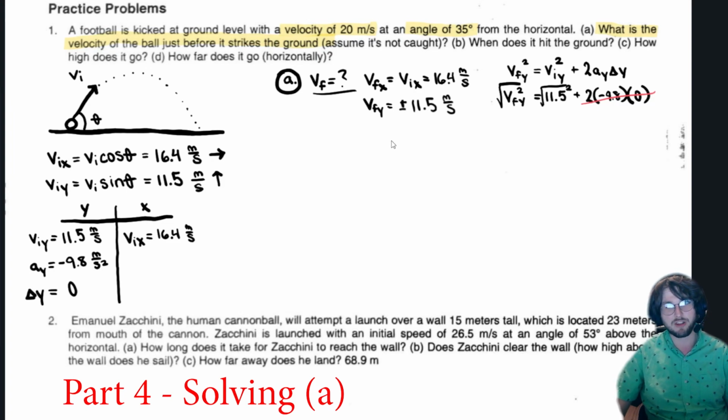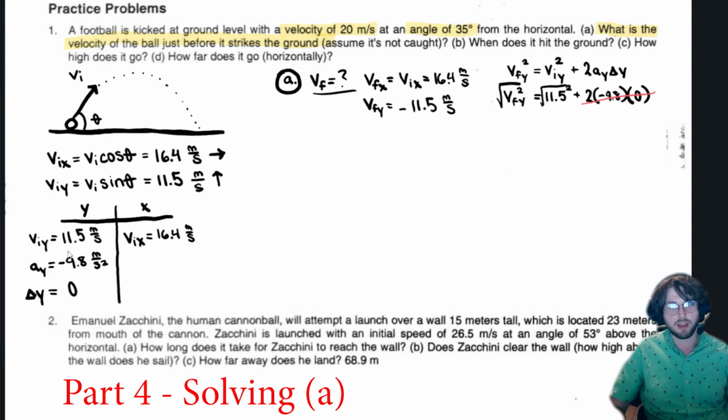Now, it's plus or minus because mathematically we don't really know when we take the square root of a value, but physically our intuition tells us that this ball is falling downwards towards the ground as it hits the ground. So we can assume safely it's probably negative 11.5 meters per second. Okay, that's cool. So there's kind of a neat result here that prevents us from having to really use the Pythagorean theorem.